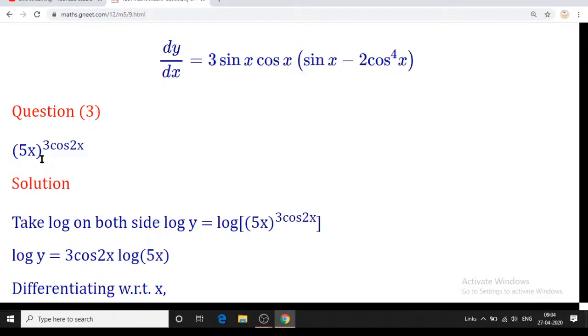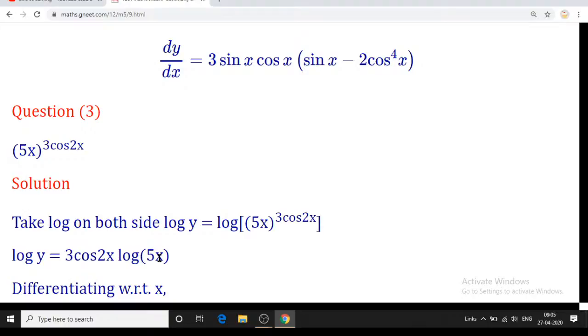Whenever we take log on both sides, we get log y is equal to log of (5x)^(3 cos 2x). Using the property of log, log a^m is m log a, and using that we get 3 cos 2x log(5x).